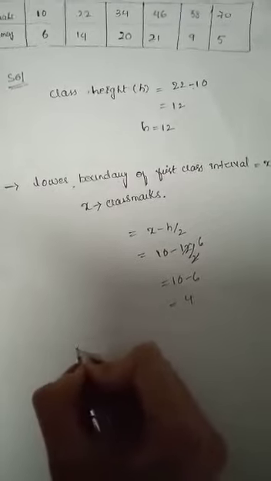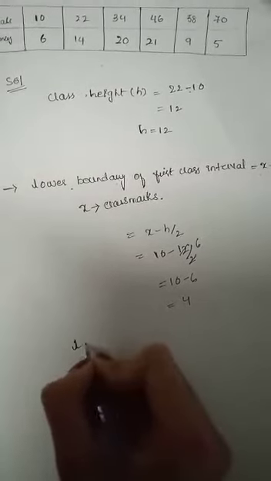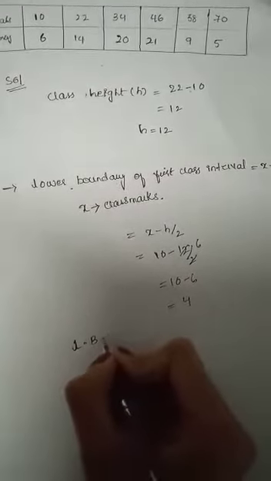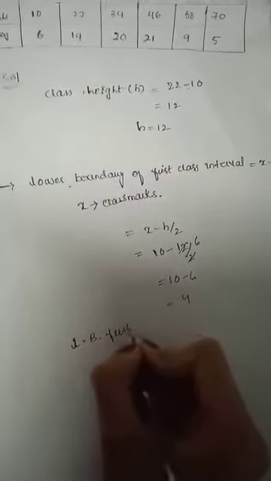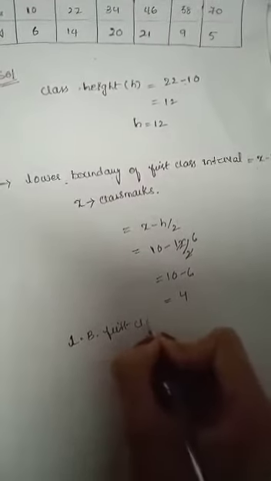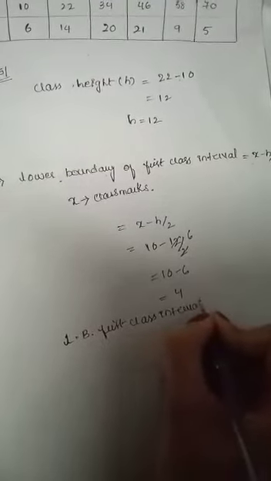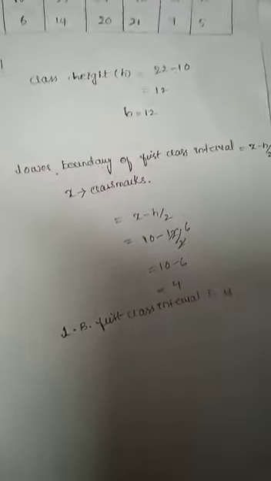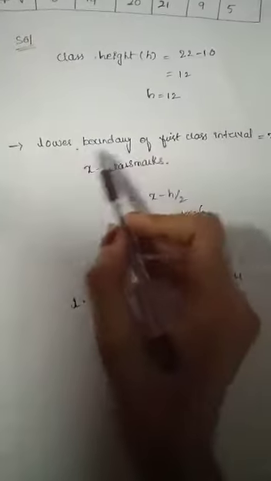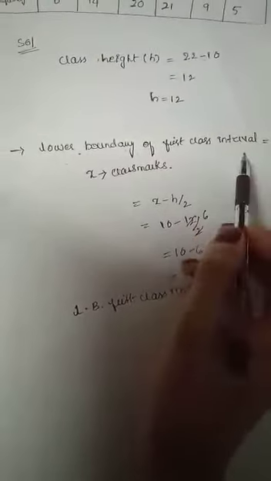So the lower boundary of the first class interval is 4. फर्स्ट अपन लोअर बाउंड्री ऑफ फर्स्ट क्लास इंटरवल मालूम कर लिया.